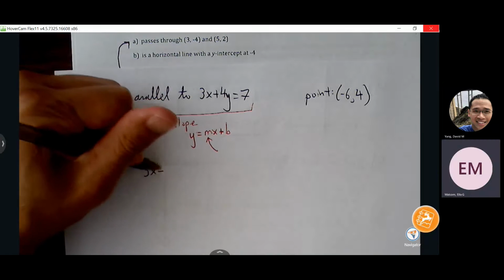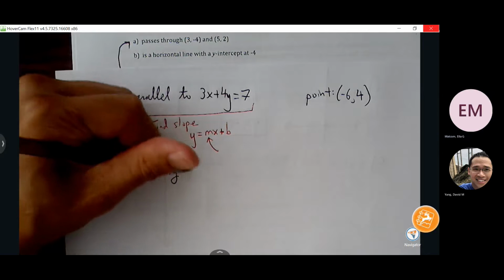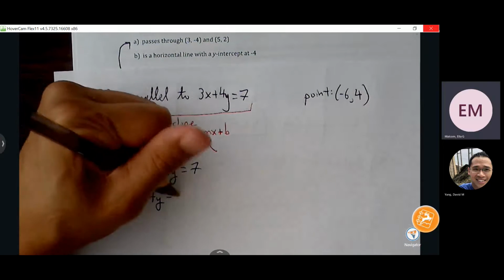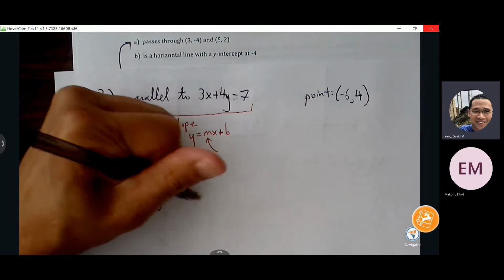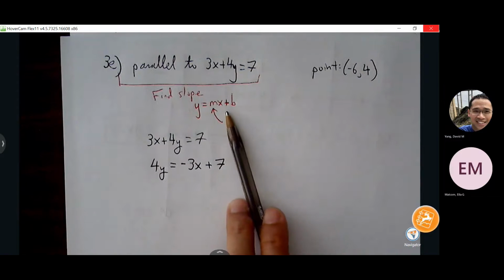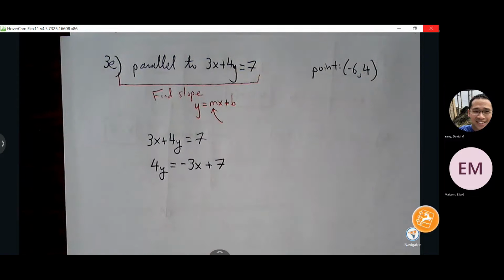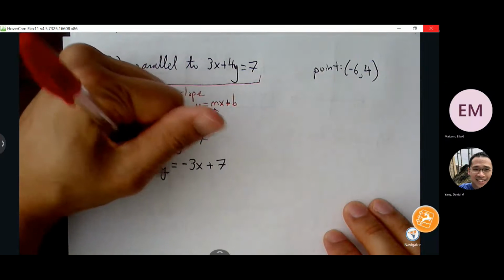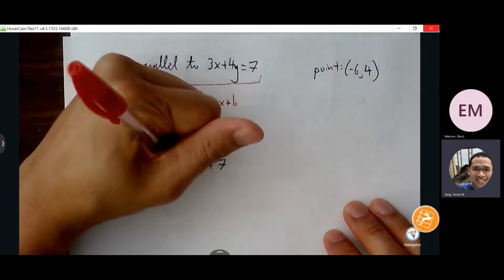So could we make it 4y equals 7 minus 3x? I'm going to put negative 3x plus 7, just so it begins to look more like that form. And then y equals negative 3x plus 7 over 4, dividing everything by 4 here.